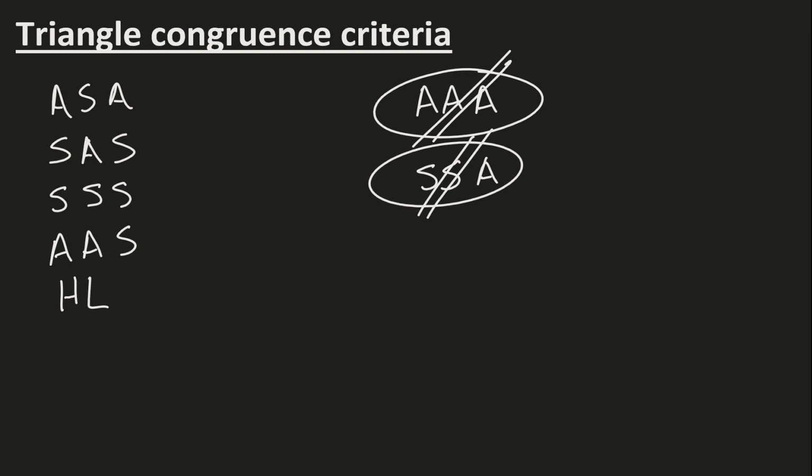So side side angle doesn't work unless the angle is a right angle, then that just becomes an instance of hypotenuse leg. But if it's not a right angle, in general, side side angle doesn't work. So there are triangle congruence criteria, and there are some things that are not.